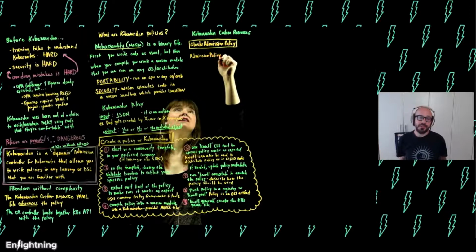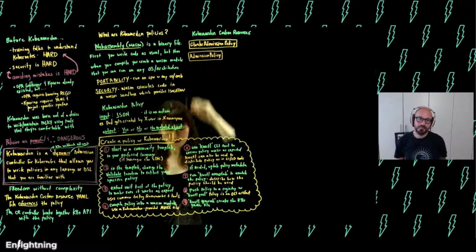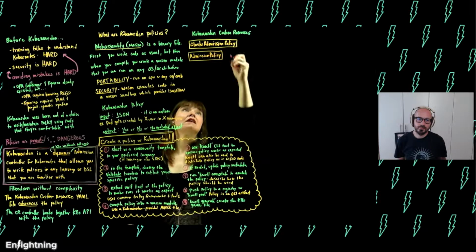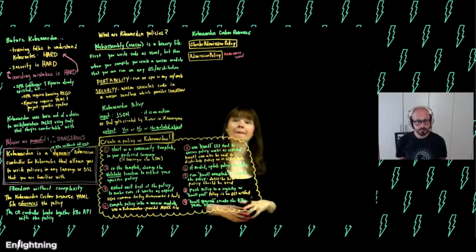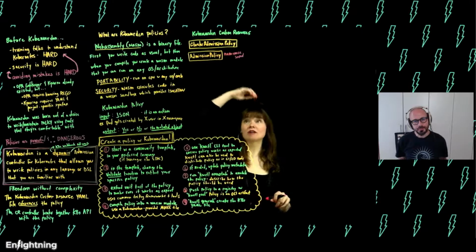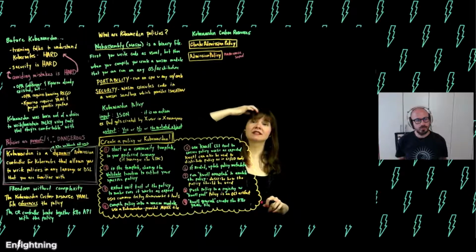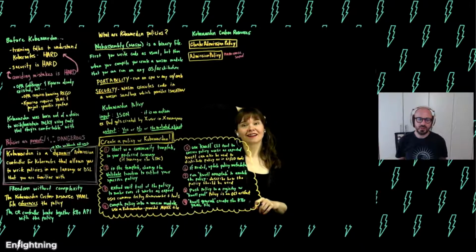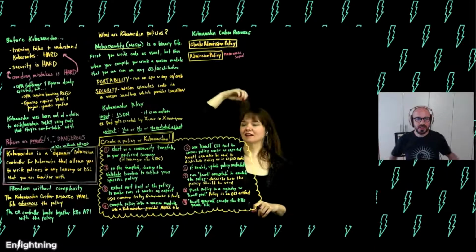It depends on the policy that you are actually running. Are there more notable Kubewarden custom resources? There are others, but I think we shouldn't go too much into that.